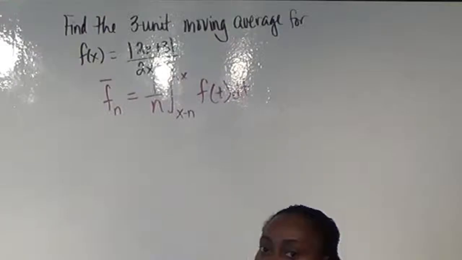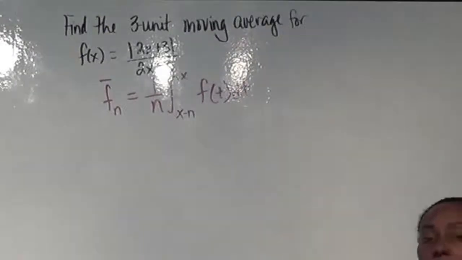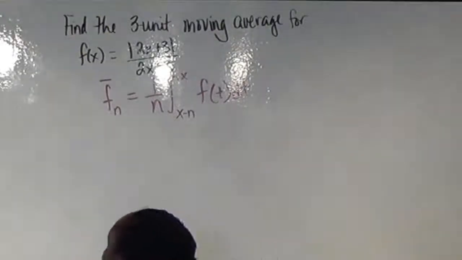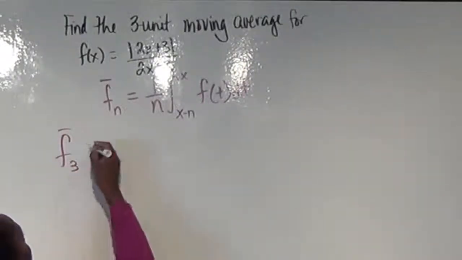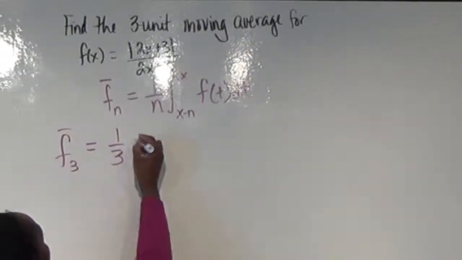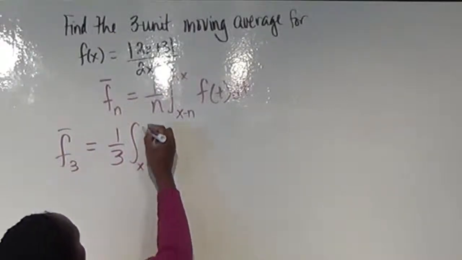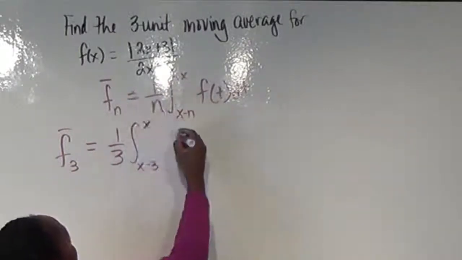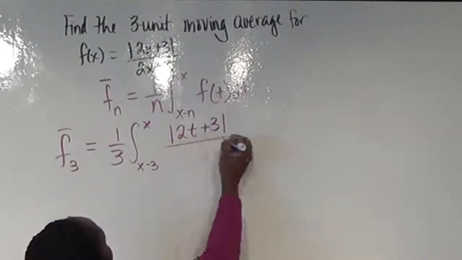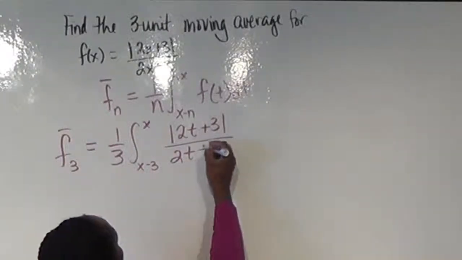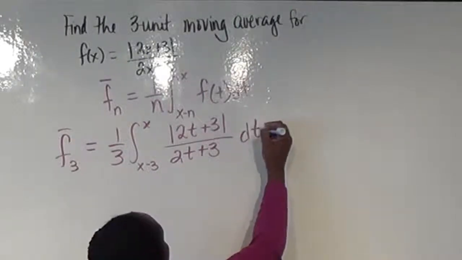Now, the difference here is, well, my function is a little bit more complicated. Okay? So here, my 3-unit moving average is going to look like 1/3 the integral from x minus 3 to x of my function in terms of t. So 2t plus 3 inside the absolute value over 2t plus 3 dt.